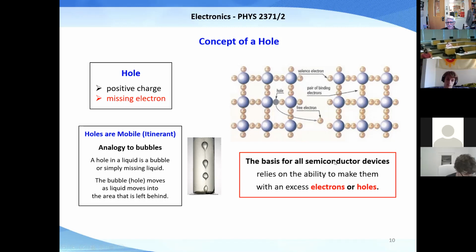So this is the basis of almost all semiconductor devices. It relies on the ability to make them with excess electrons or holes. Okay, and it's this doping that happens.